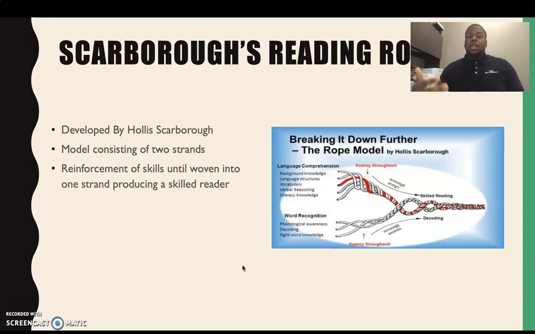Now that I'm learning about these research methods, such as Scarborough's reading rope, I understand that language comprehension and word recognition are two totally important things. Those strands are woven, and with those two strands, we're able to produce skilled readers.